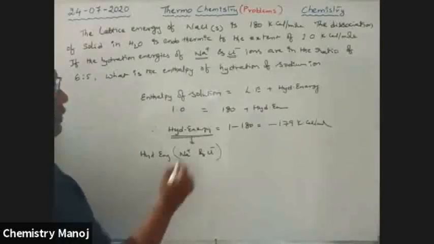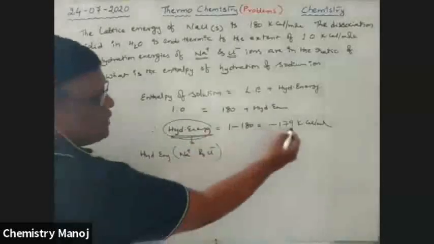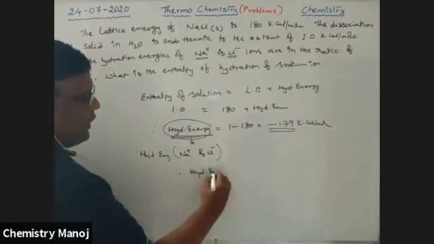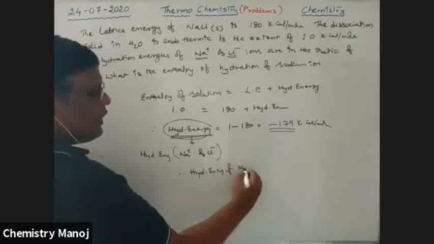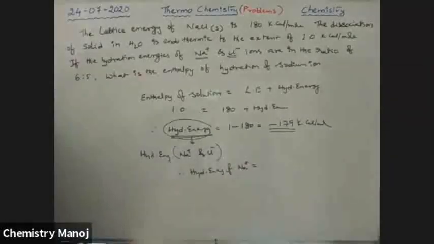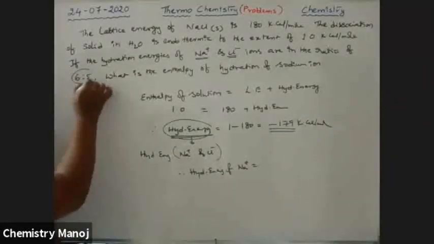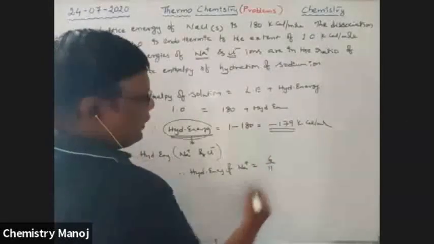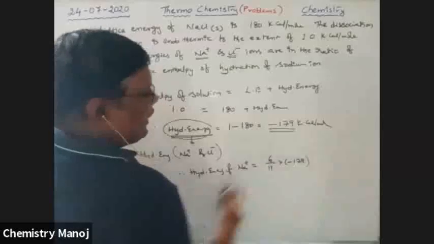So the total hydration energy is this much. Now the hydration energy of Na plus ion: what is the ratio? It is 6:5. Therefore, 6 parts for sodium and 5 parts for chlorine, so 6 by 11 into minus 179.